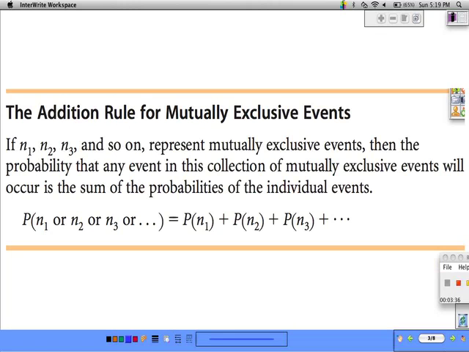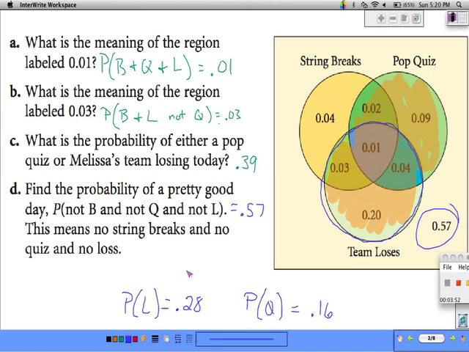But the rule for adding mutually exclusive events, finding the probability of one thing or another, is telling us that we need to add. So I want to come back here and look at this. The probability that they lose or have a pop quiz, that says that we should just have to add together the probability of a loss and the probability of a pop quiz.